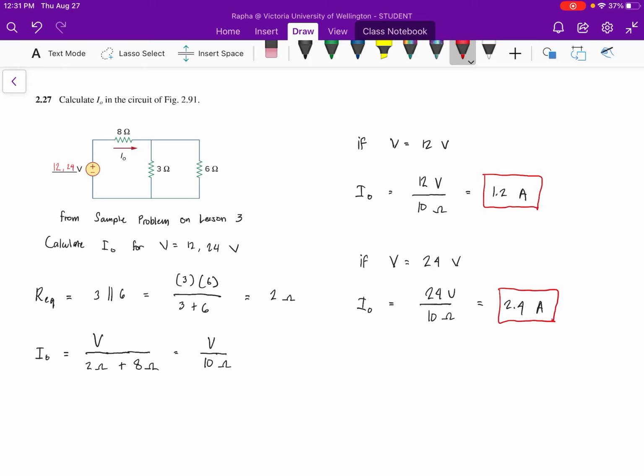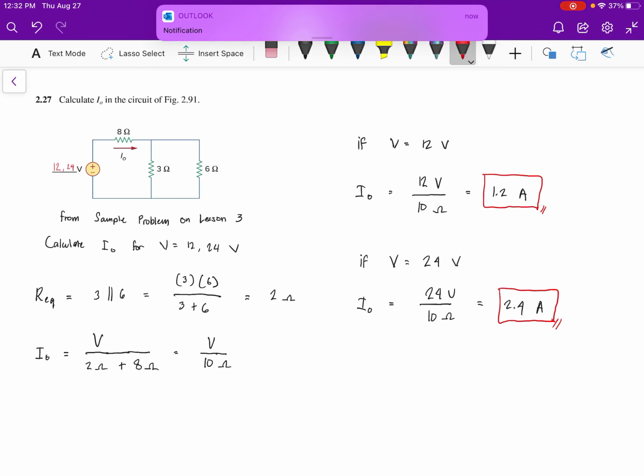As you can see, 2.4 amperes is exactly twice as much as 1.2 amperes when the voltage source is doubled. So this is evidence of the linearity principle.